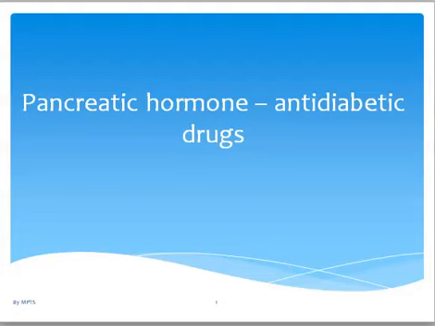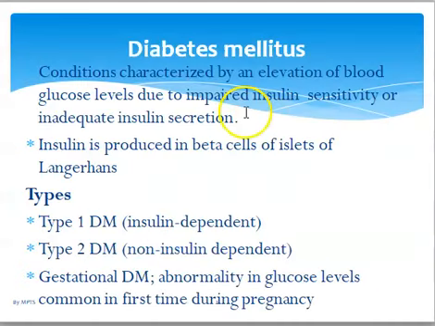Today I'll be talking about the anti-diabetic medications, or anti-diabetic pharmacology. Now, what is DM? DM is a condition characterized by elevated blood glucose levels, due to impairment of insulin sensitivity or inadequate insulin secretion. Insulin is produced by the beta cells of the islets of Langerhans.